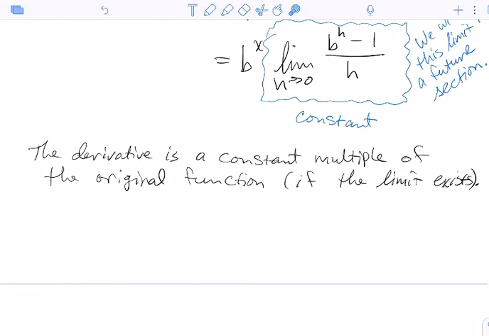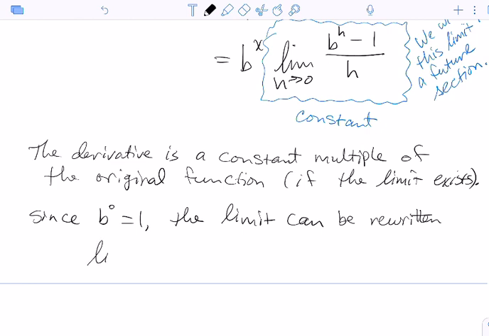Not only that, but since b to the 0 is equal to 1, the limit can be rewritten as the limit as h approaches 0 of b to the h minus b to the 0 over h minus 0. Here I've just replaced the 1 with b to the 0.